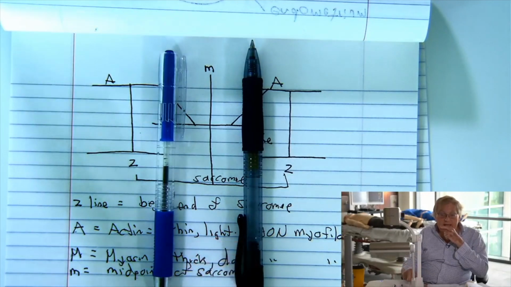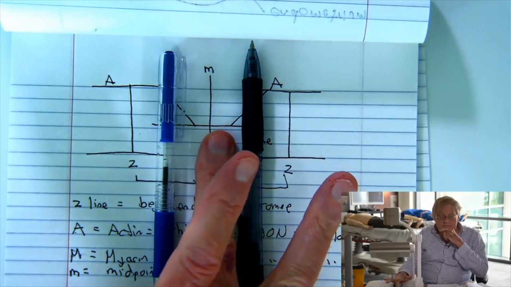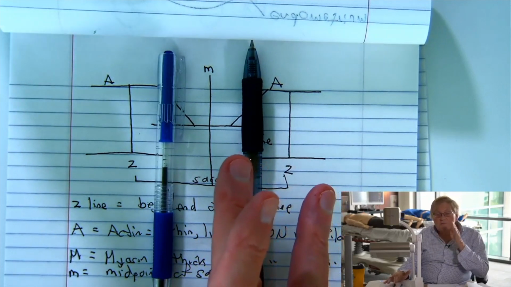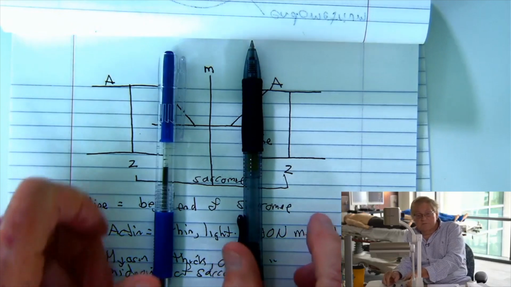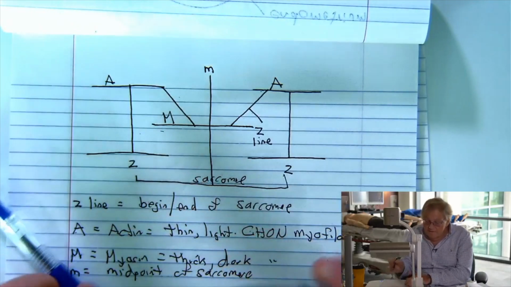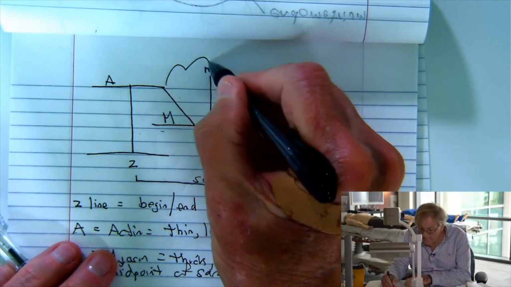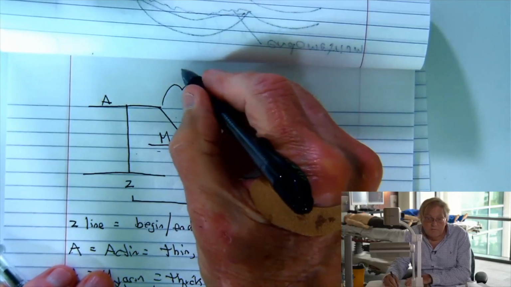I see there's actin there, but in the middle is M, or myosin. So this is called the H zone. It's only myosin. And so when a muscle contracts, the H zone gets smaller. So this area between here and here is called the H zone.